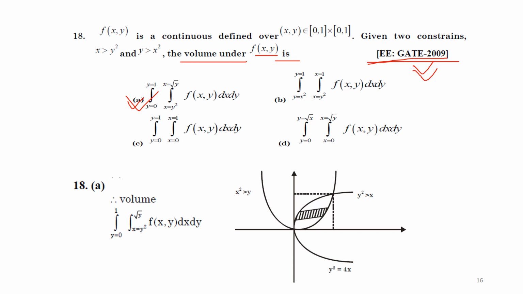Whatever branch you have, please remember this. Wherever explanation is required, I will do the explanation, but for the standard relations, I don't think explanation is required. You just remember and memorize those results. So please memorize this also.